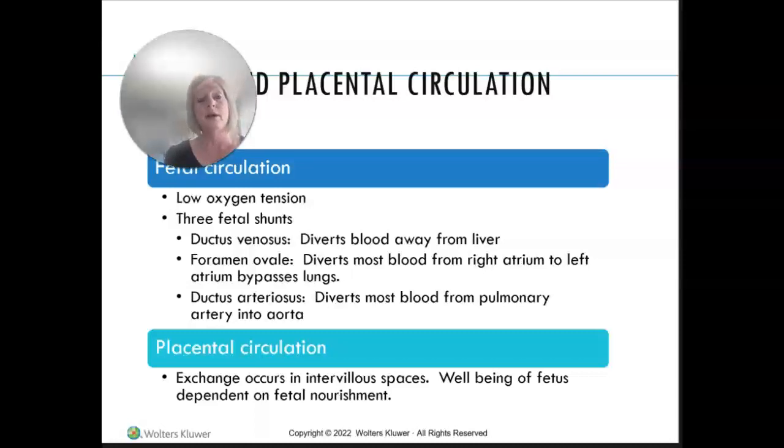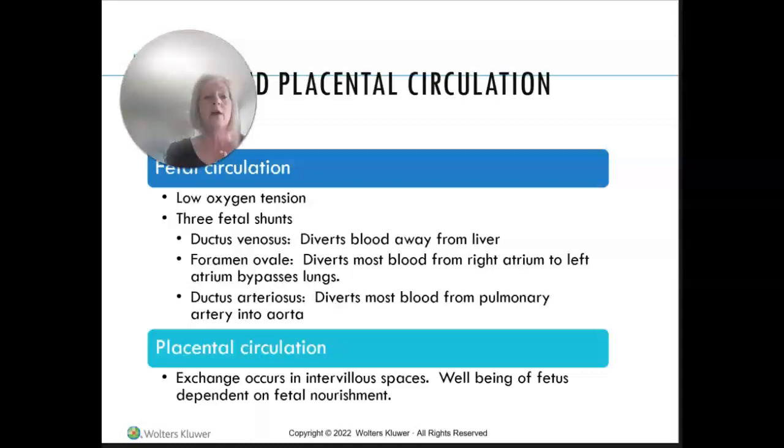So the baby has what we call shunts inside there. It has 3 of them: a ductus venosus, a foramen ovale, and a ductus arteriosus. Now, the first one diverts blood away from the liver. I don't really see a problem with this one a whole lot, but the 2 that I mainly talk about are first the foramen ovale.